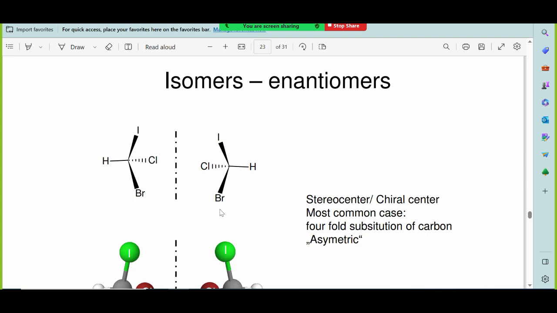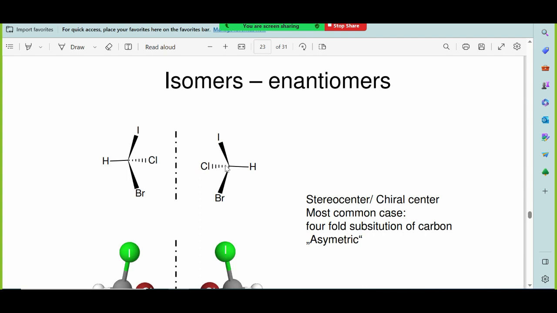So imagine that this is in one plane. If you fold it, you get the Cl here, the iodine here, the H here, the bromine here. So you get this exactly. But when you have it in 3D, this will not be the case. So it's called asymmetric. It's a mirror image.